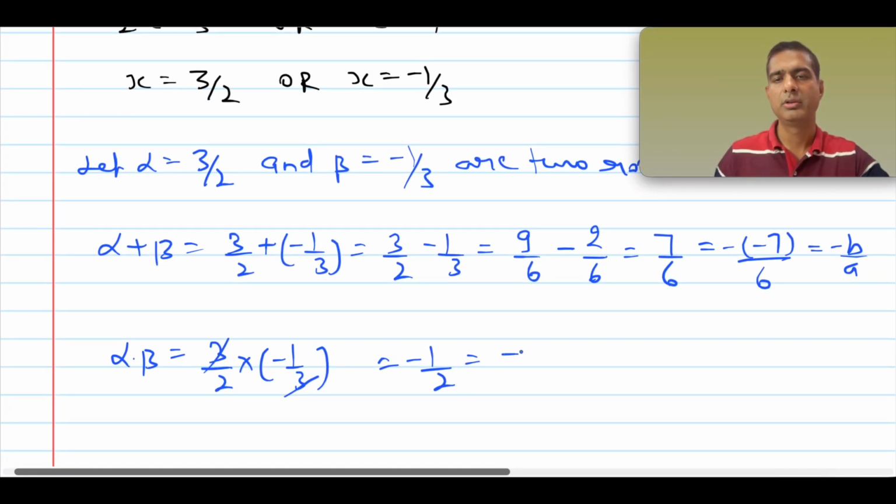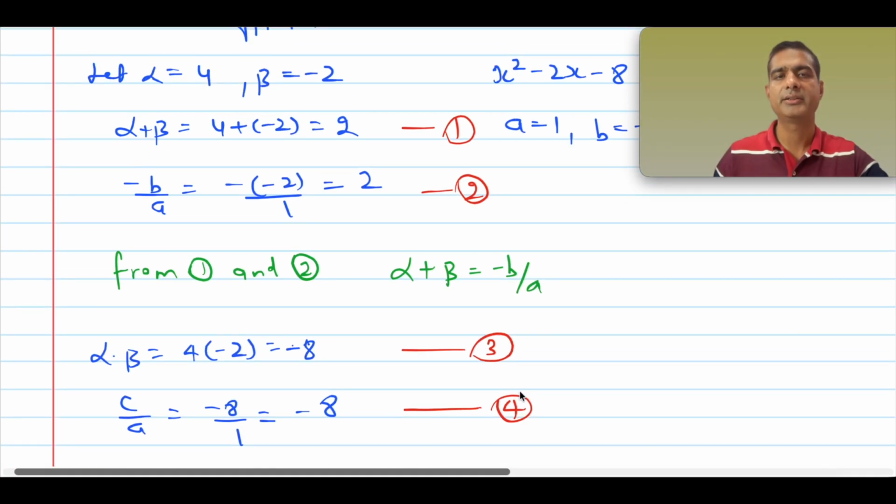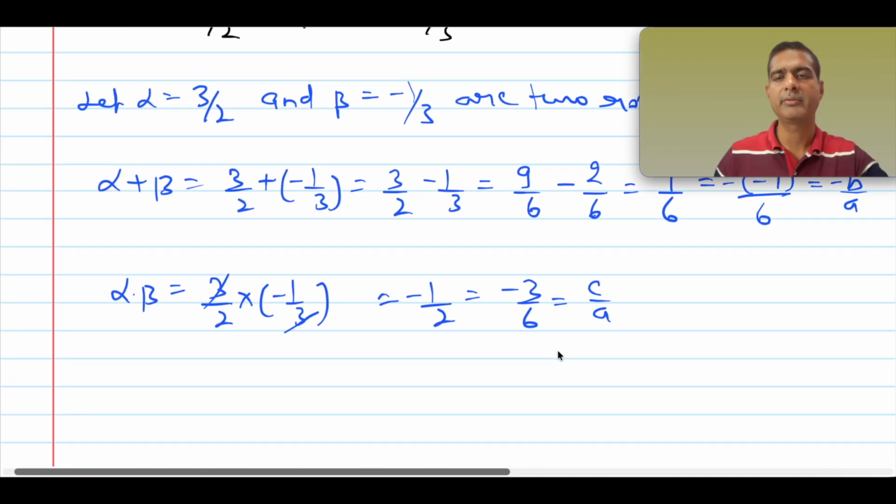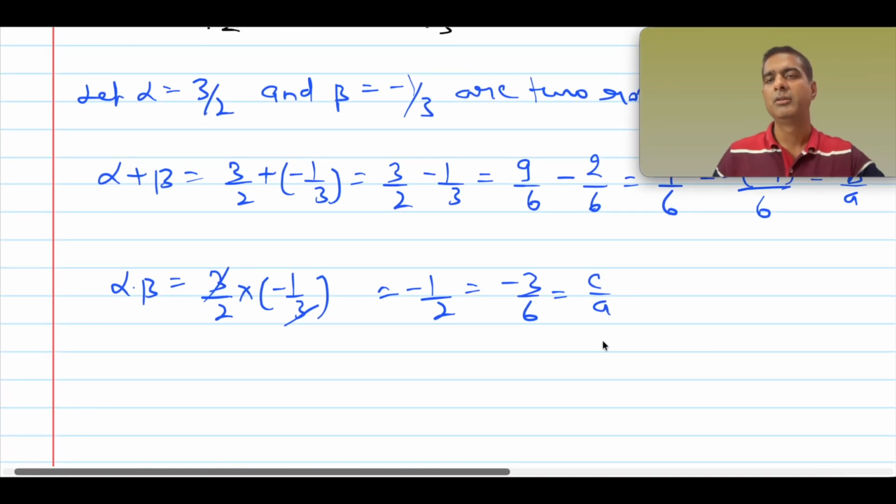Negative 3 was already the constant term, so this can be written as c by a. And remember students, a, b, c are the coefficients of x square, x and the constant term in ax square plus bx plus c that we will be taking in every problem.